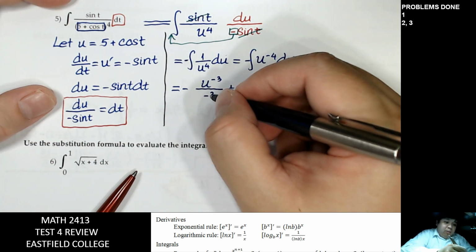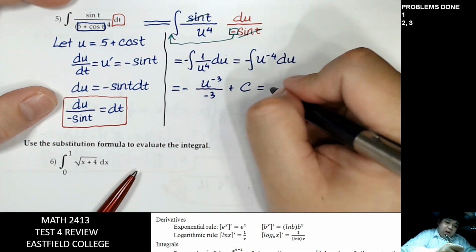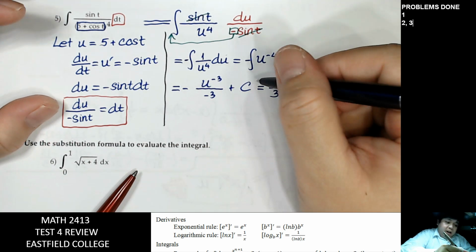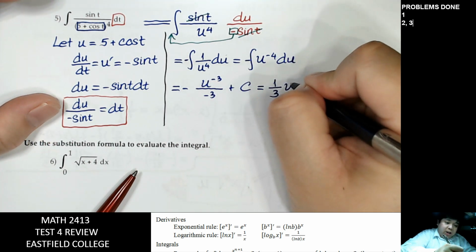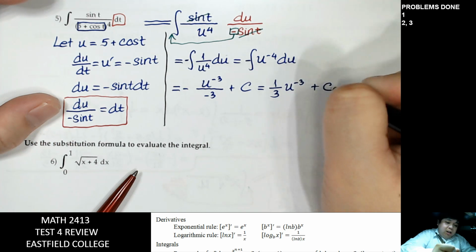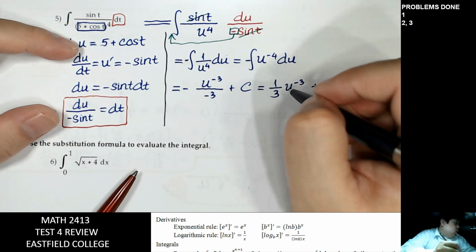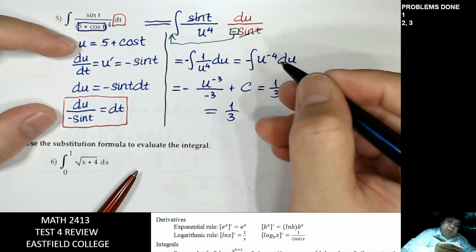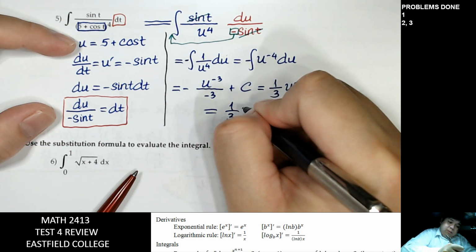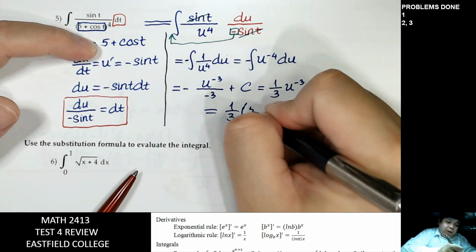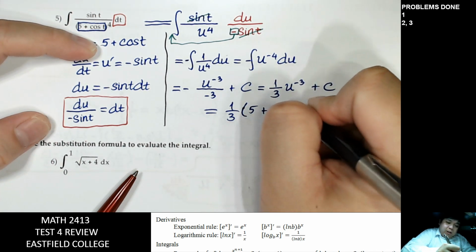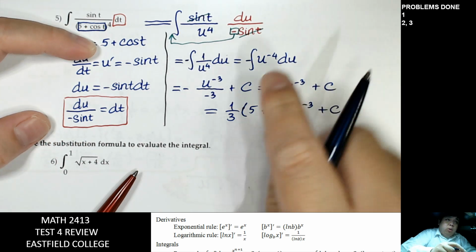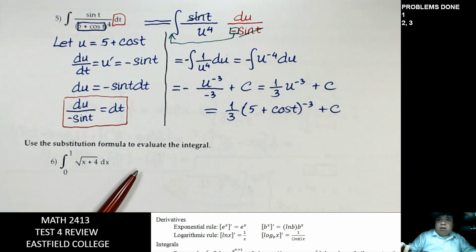Right, divide by negative 3 is multiplied by 1/3, so pretty much we have 1 over 3, negative and negative cancel out, u to the negative 3 plus c, and then finally we substitute back in for u, and that will be it. 5 plus cosine t to the negative 3 plus c. We can move this to the bottom, but that's not necessary.